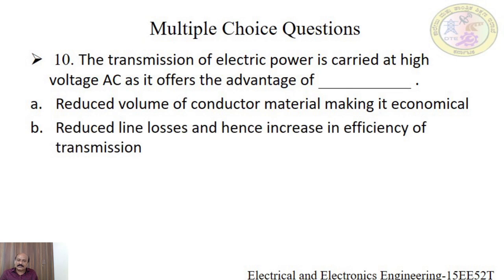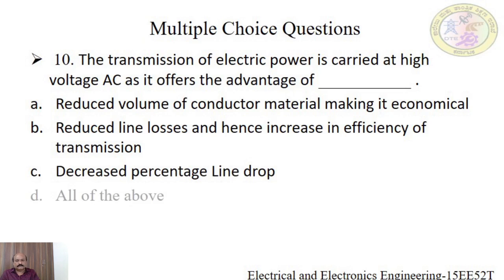Reduce line losses and hence increase in efficiency of transmission. Decreased percentage line drop. All of the above. The transmission of electrical power is carried at higher voltage in AC system as it offers the advantage.